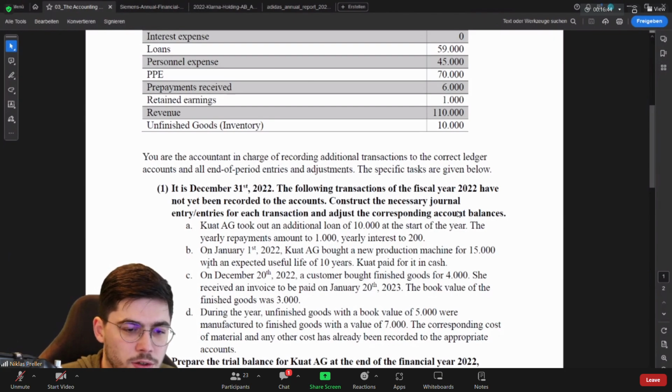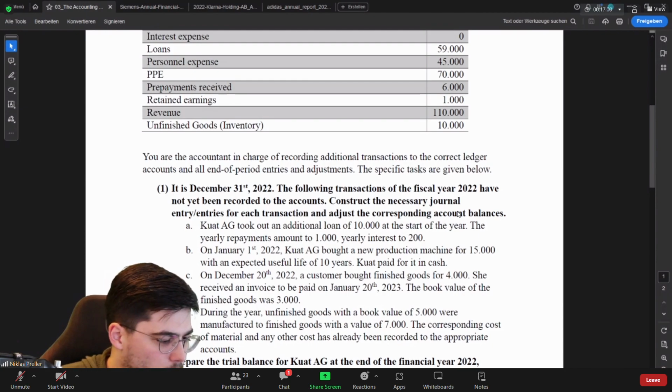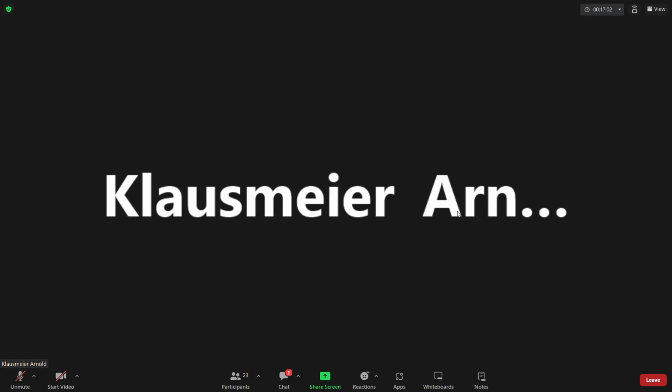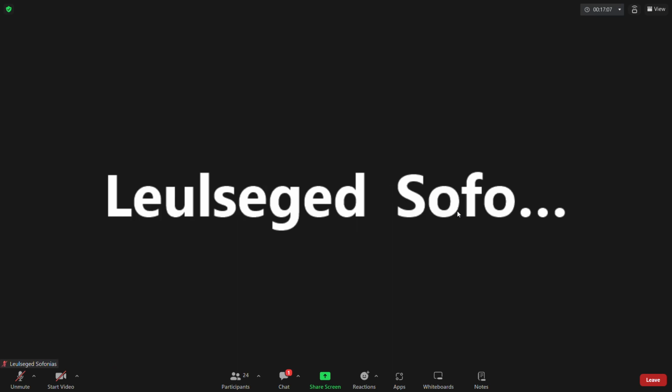And we can also do the accounting entry for the depreciation at the same time. That would then be depreciation to PPE 1,500.